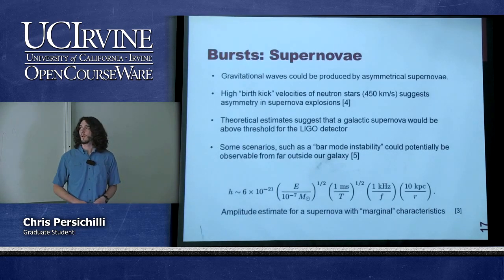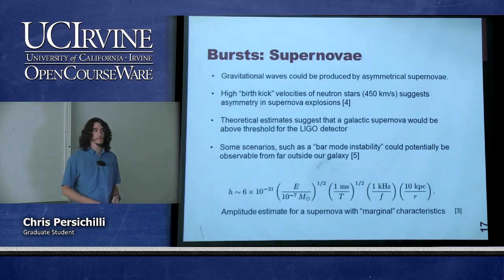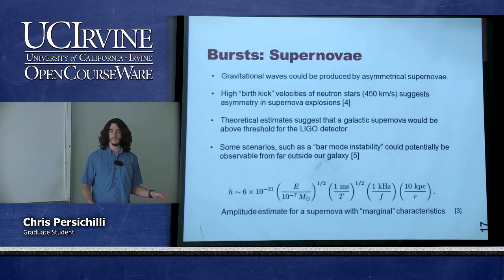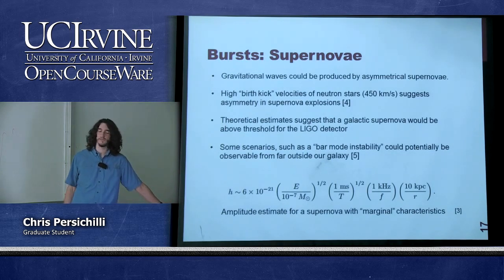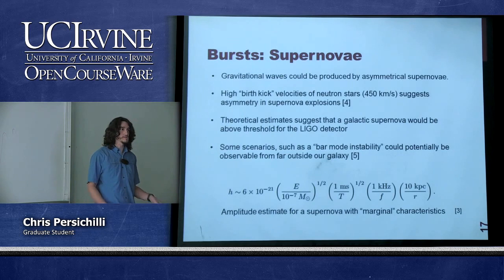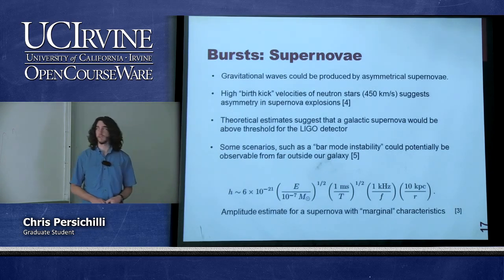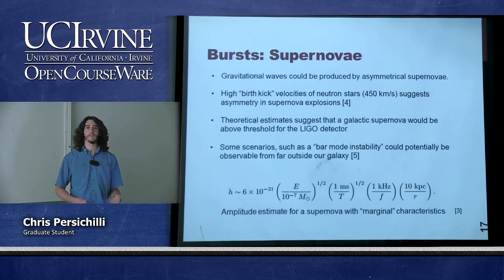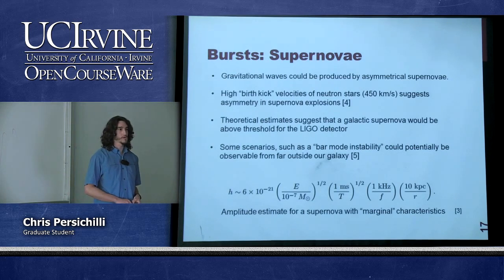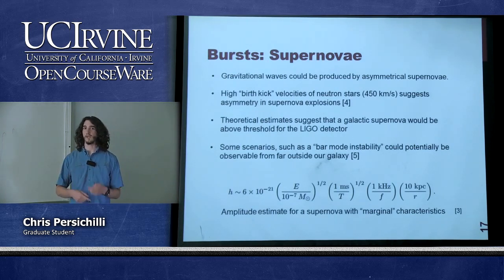Okay. Another way to produce gravitational waves astronomically is through so-called burst events. These are brief moments of high amplitude gravitational wave generation that we don't have as good a model for an actual waveform, unlike the co-rotating neutron stars and black holes.